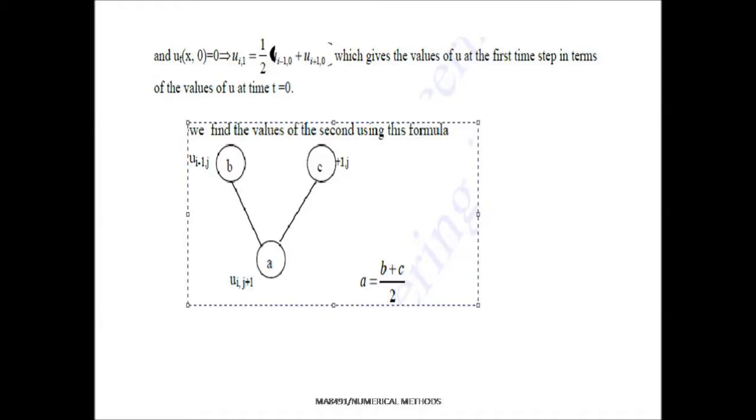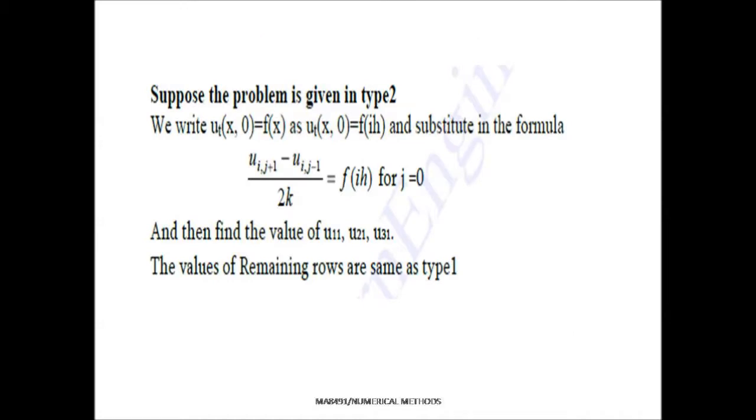Now these are the formulas which we are going to use in type 1. Now let's see the formula we are going to use for type 2. Suppose the problem is given in type 2, that is, the boundary conditions are the same, but the initial conditions are ut(x, 0) = f(x) and u(x, 0) = 0.